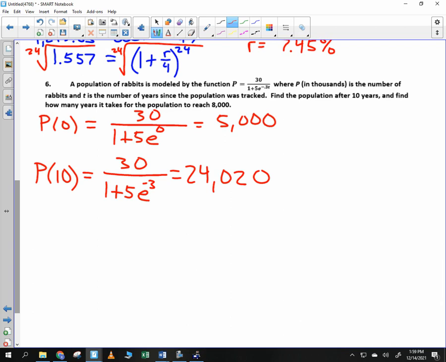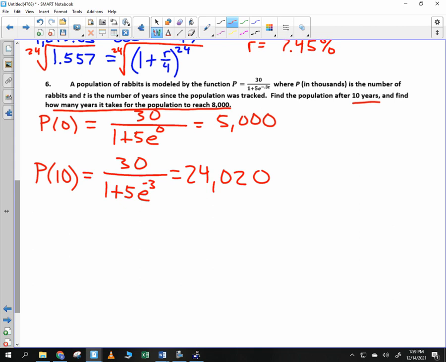Okay, last question. Find the population at 10. We did that, but find how many years it takes for the population to reach 8,000. So what am I solving for? Solving for the years. What do I plug in for P? I don't plug in 8,000. I plug in 8.